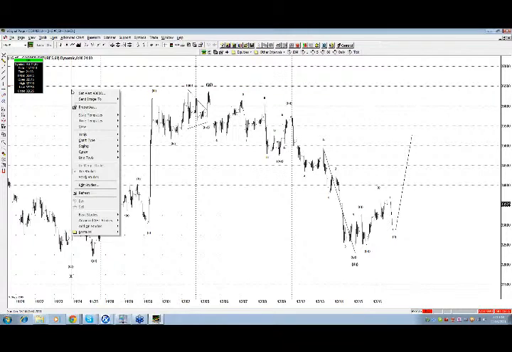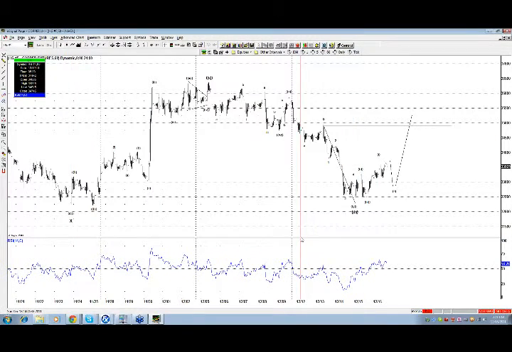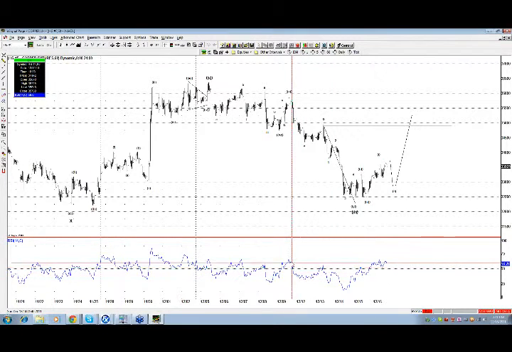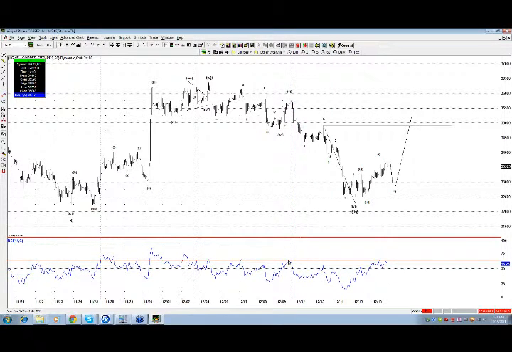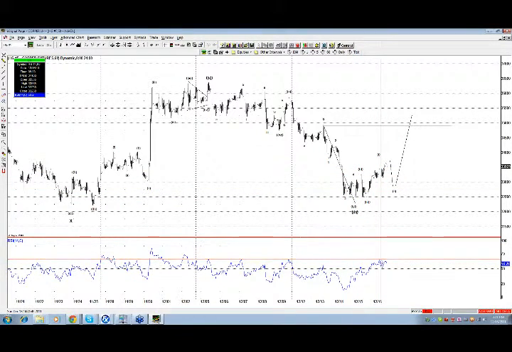I would like to hear opinions like you guys always do. But look at the RSI. If this cycle started here, guess what? This is not a wave 4. Look at the RSI. It's at the high right here. You know what I mean, Isa?